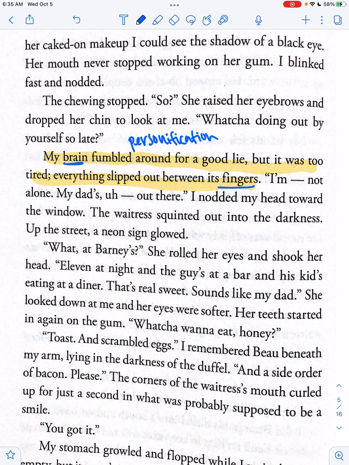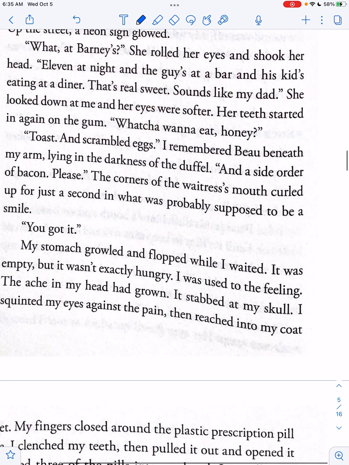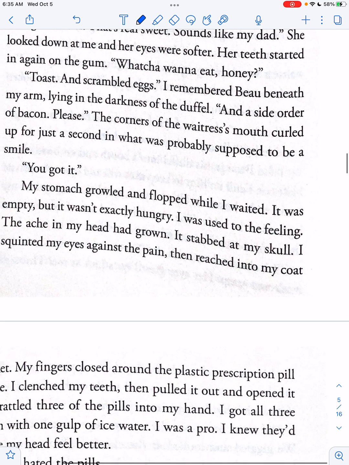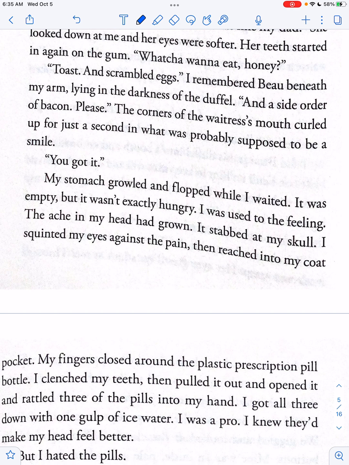Her teeth started in again on the gum. "What you want to eat, honey?" "Toast and scrambled eggs." I remembered Bo beneath my arm lying in the darkness of the duffel. "And a side order of bacon, please." The corner of the waitress's mouth curled up for just a second in what was probably supposed to be a smile. "You got it." My stomach growled and flopped while I waited.